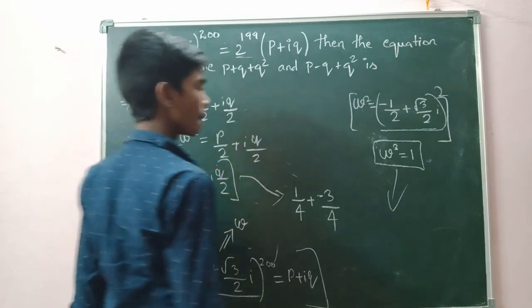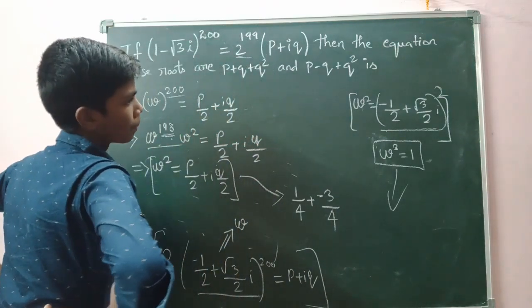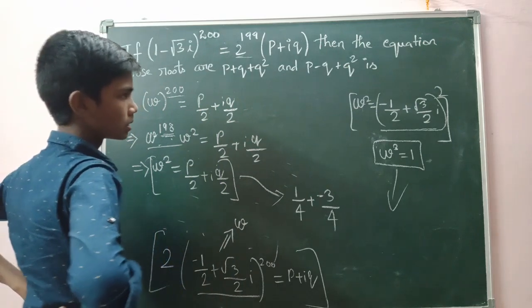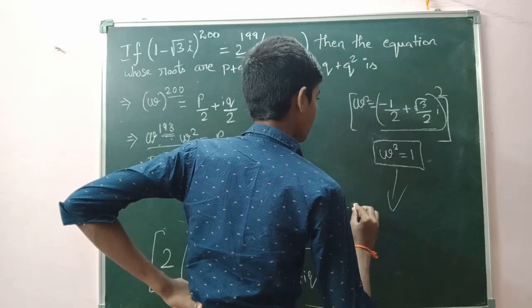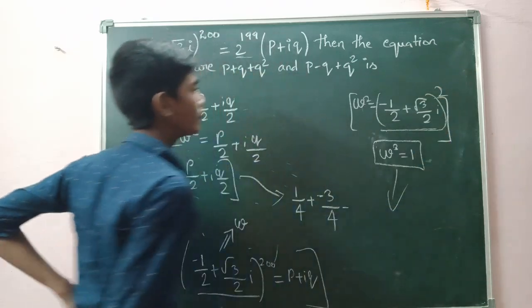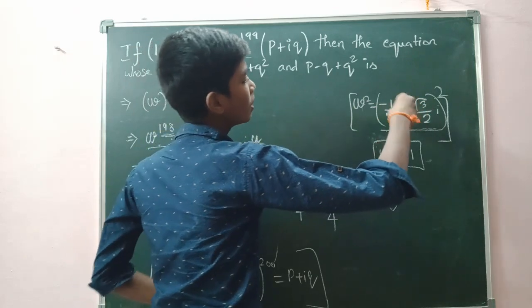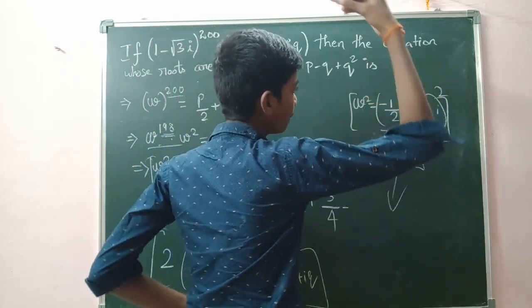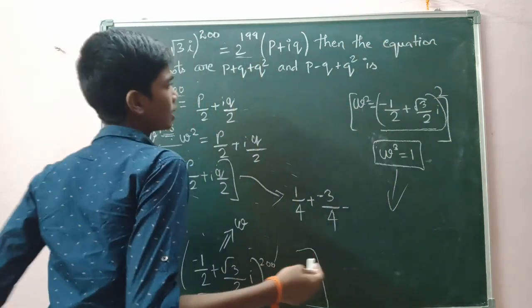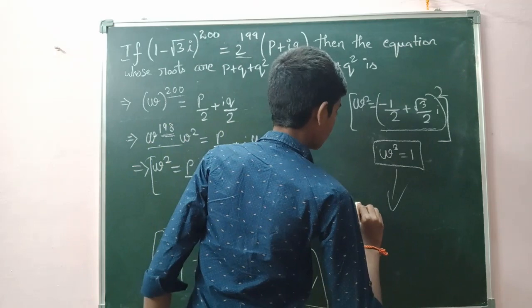Then the 2AB term: plus of 2 times AB will be 2 times minus 1 by 2 into root 3 by 2. That will be nothing but minus root 3, okay?